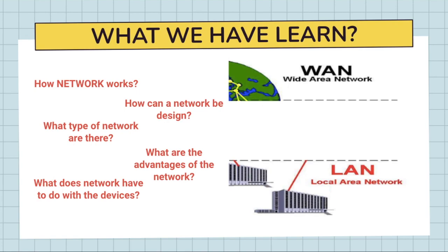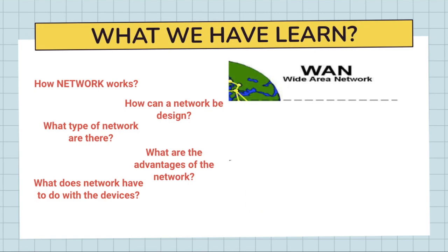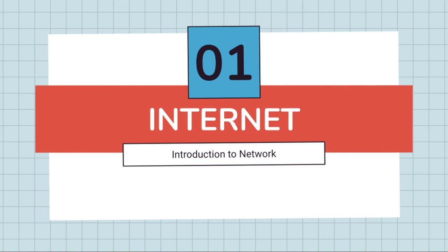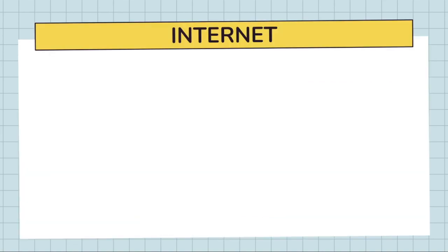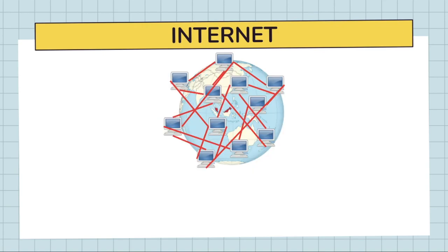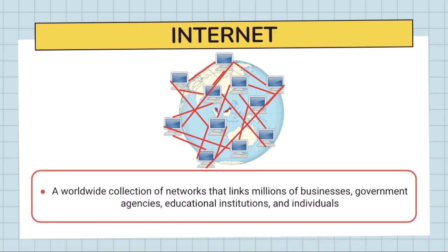In this lesson, we are going to learn one type of wide area network, which is the network of networks, and it is called the internet. The internet is the largest computer network connecting millions of computers and devices around the world. It is a worldwide collection of networks that links millions of businesses, government agencies, educational institutions, and individuals.